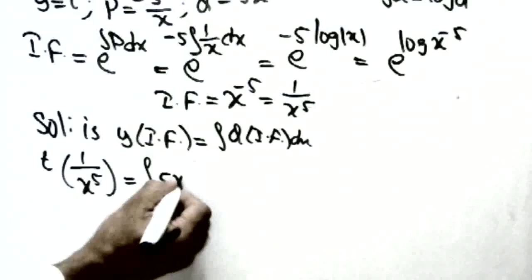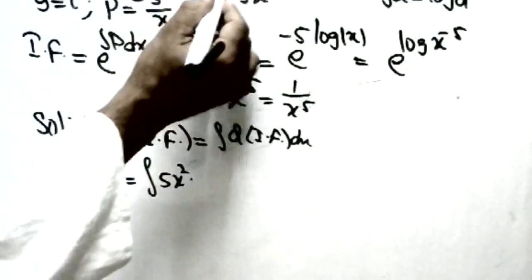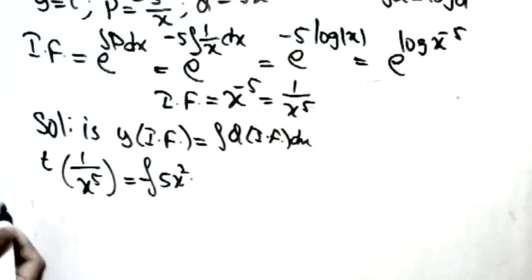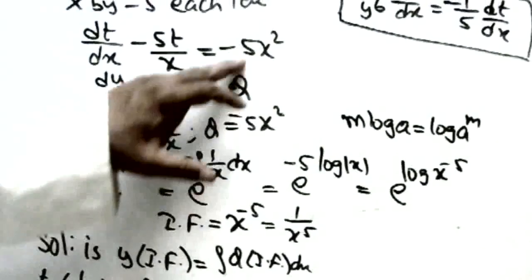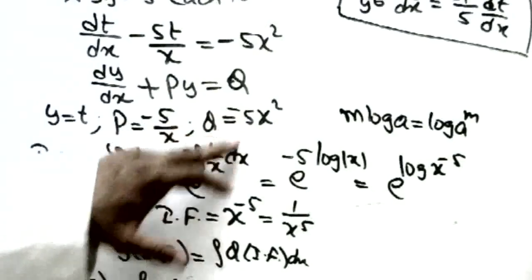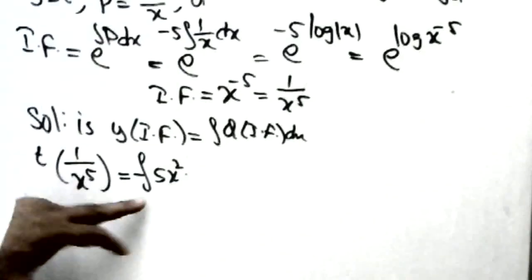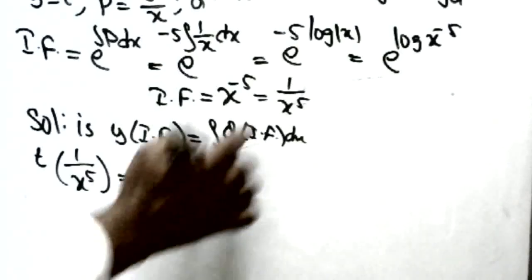The value of q is minus 5x square. When we compare here, the value of q is minus 5x square, so write minus 5x square into integral factor.